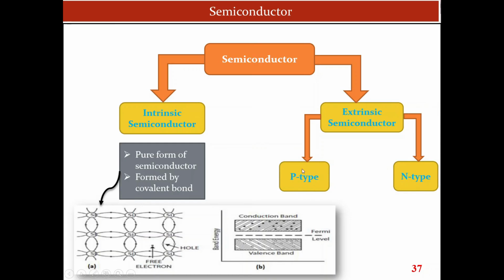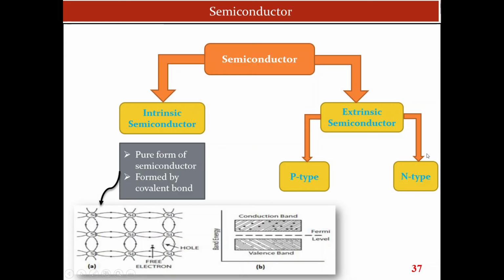When boron, a trivalent element, is added on the pure intrinsic semiconductor, we get an extrinsic semiconductor, and it falls under the category of P-type. When you add boron on the pure semiconductor, you get a P-type semiconductor.